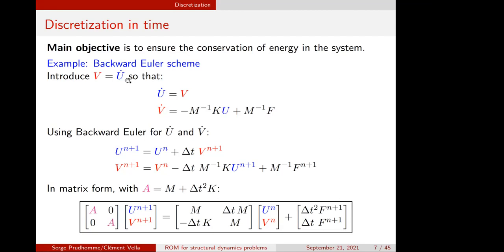In order to do that, we introduce a new variable v, which is simply going to be the derivative of our unknown u. And the backward Euler scheme, basically, is going to give us those equations that we need to solve. And in matrix form, we can simplify the problem. And we just have this system of equations that we need to solve for u_{n+1} and v_{n+1} and iterate until we're done. So this is the solution that we get.